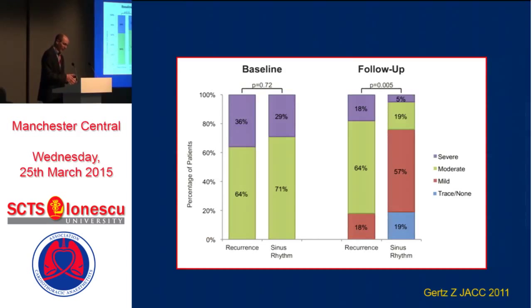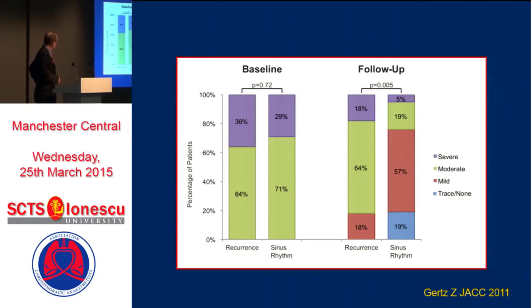And it's not just that AF may have an important mechanistic role in this. So the maintenance of sinus rhythm might be quite important. So this is taking that same group of patients with AF and looking at them pre-ablation and post-ablation.